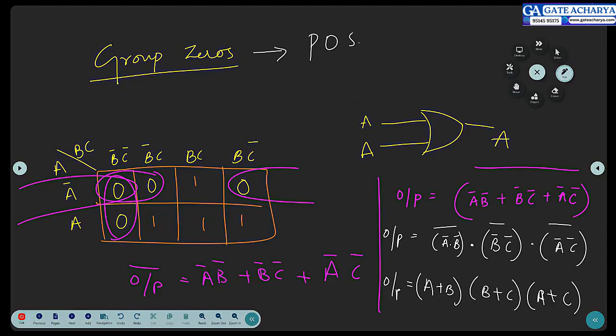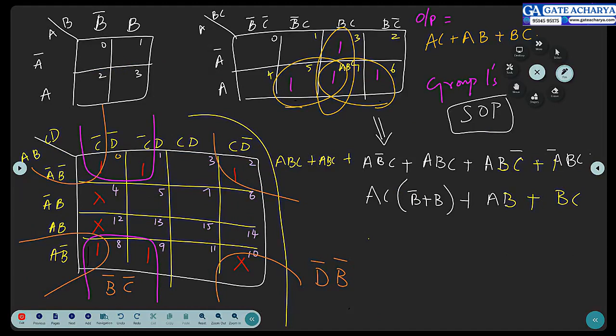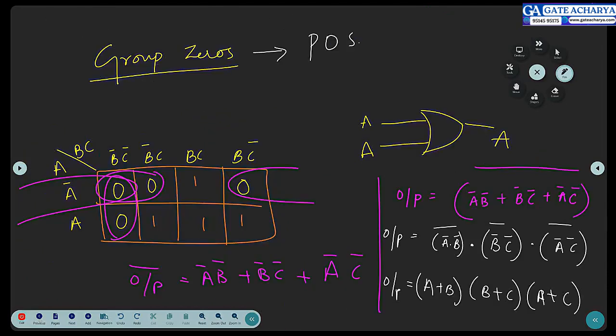See, one thing I have seen people doing as a mistake. They see this one, and then they think that if you want POS, just write A plus C into A plus B into B plus C. That's not correct. Accidentally, for this problem, it happens to be the same. It is very accidental. In most cases, it is not true. You have to follow the proper methodology. What is the proper methodology?